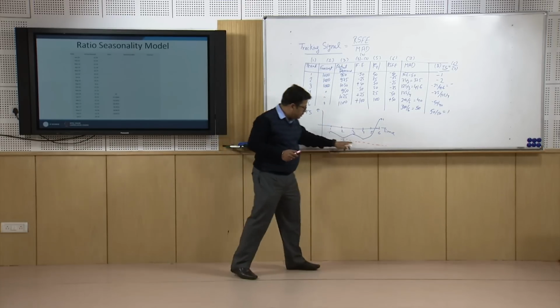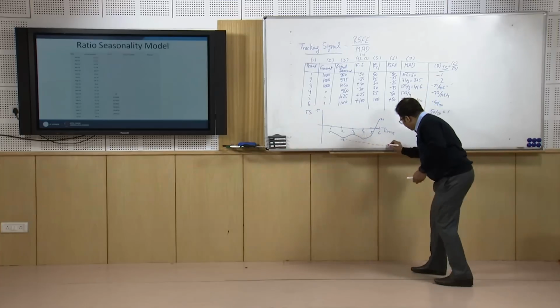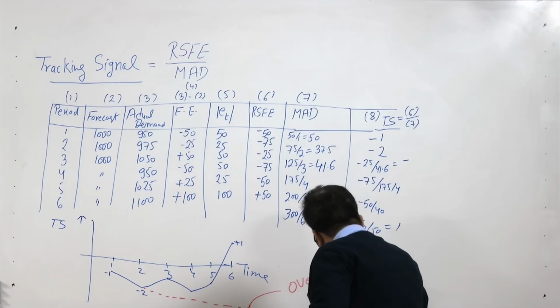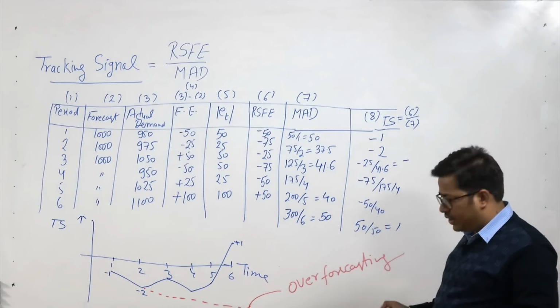This red data is a symbol of over forecasting. Your demand is not that much, but you are doing over forecasting.